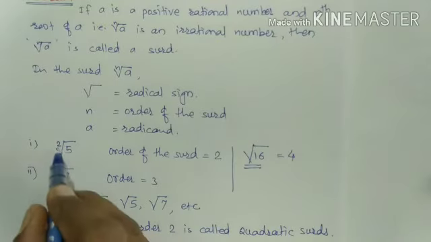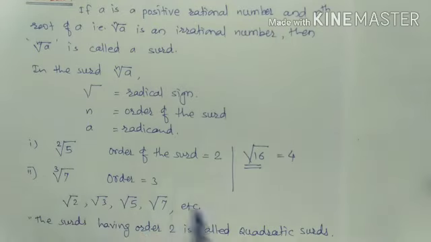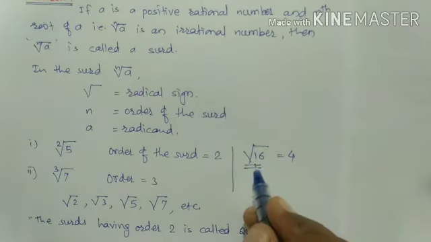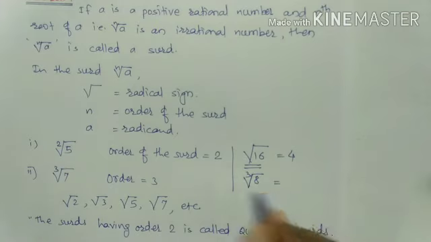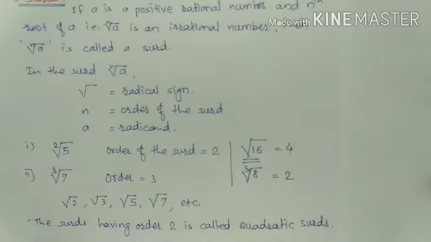This is the square root of 5. This is an irrational number, that's why this is an example of surd. Here this is not an example of surd. Now this cube root of 8 is also not an example of surd because this number is a rational number, because cube root of 8 equals 2. That's why these are not the examples of surds.